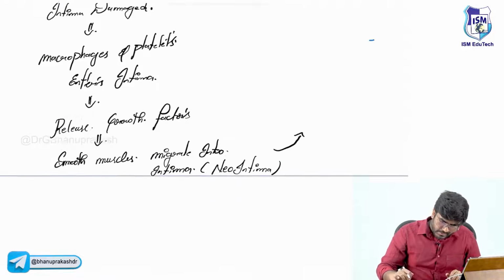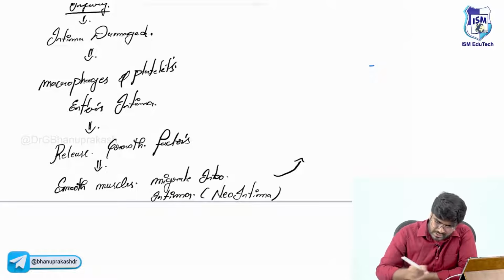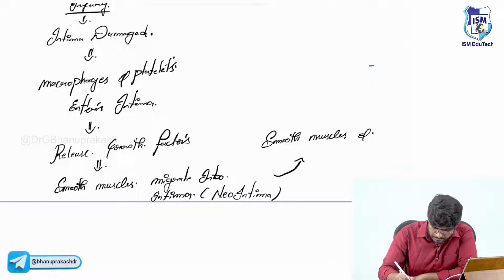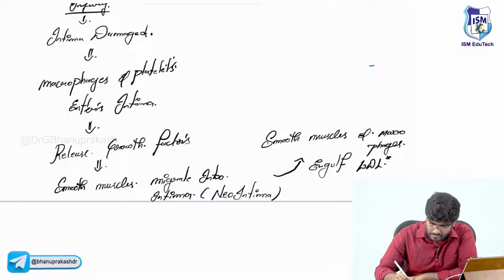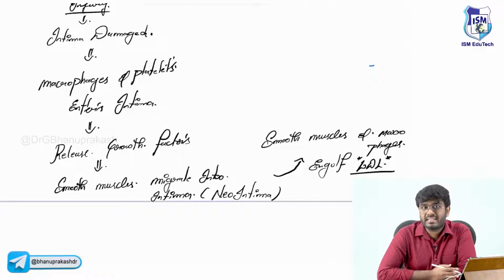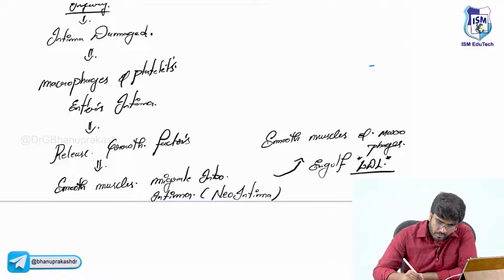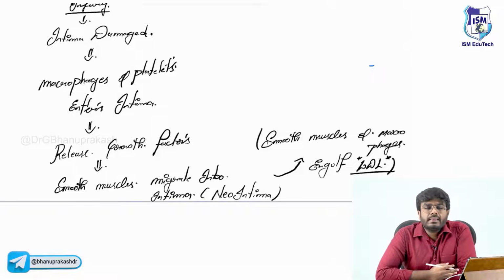So next, what happens is the smooth muscles and the macrophages engulf the LDL. They will engulf the oxidized LDL. Now where exactly is this LDL present?